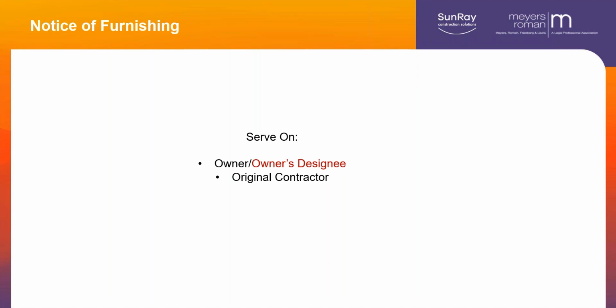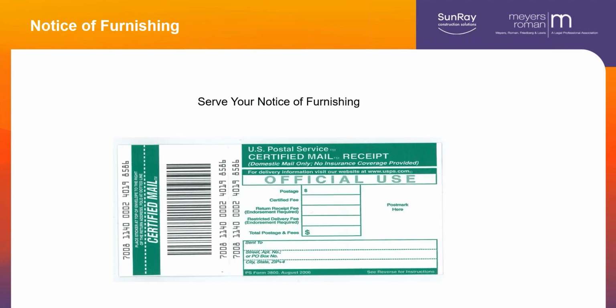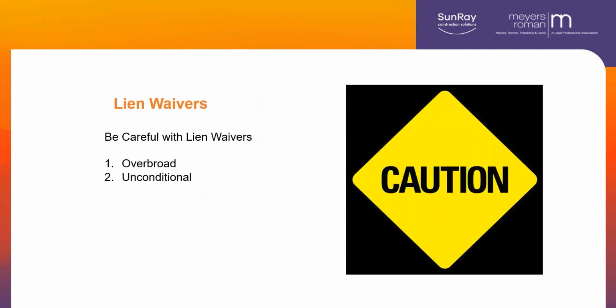So my client's customer, so the subcontractor who I didn't have to send it to, but I want them to know that it's out there, the contractor who we had to send it to, and the owner or owner's designee. Again, serve, certified mail, certified mail, certified mail.